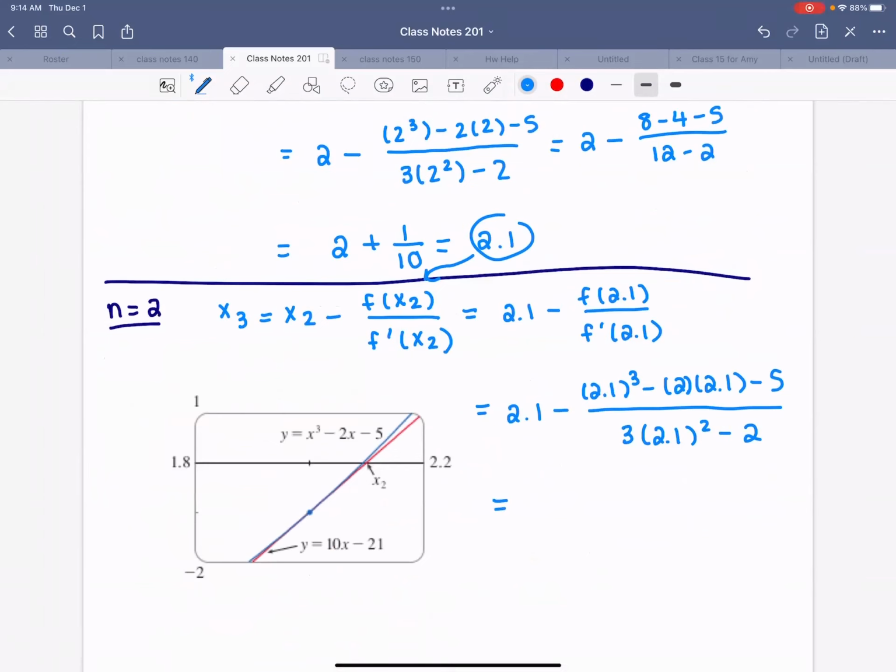It's 0.061. Is that right? Oh, that's the top, okay. So 2.1 minus 0.061. What's the bottom? 11.23. All right. And what happens when I subtract them? Should it be subtract? Yeah, I guess, okay.